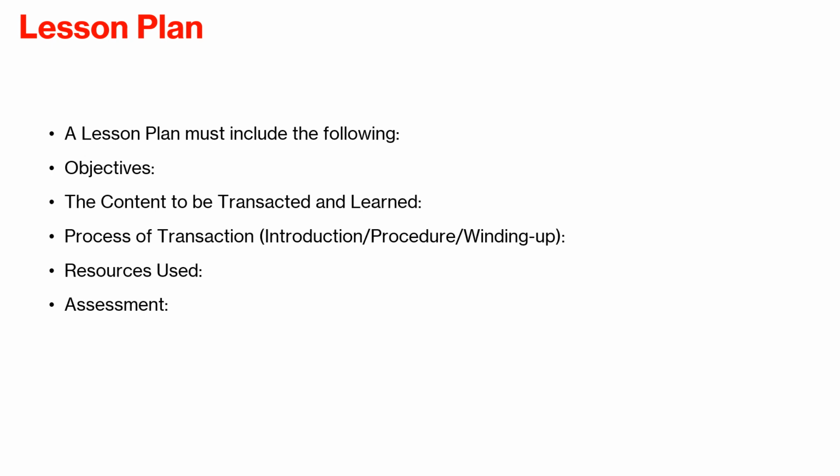My resources can be a PowerPoint presentation, shapes, different types of toys, or a worksheet. For assessment, I can ask oral questions, or give a worksheet to color, to match similar shapes or match shapes with their names. Everything should be included in the lesson plan.